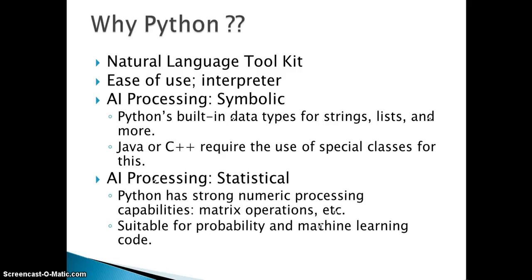It has strong numerical processing, like mathematical calculations, and is suitable for portability and machine learning code. When you want to write machine learning code, Python is the best fit.